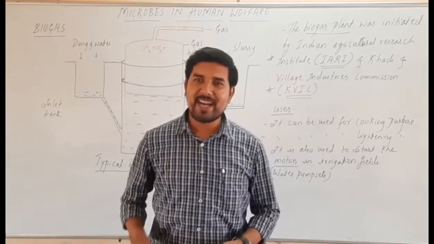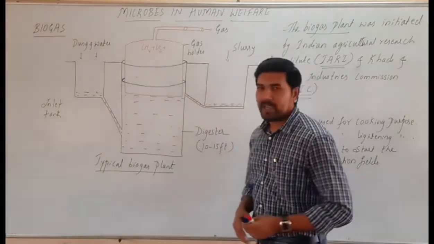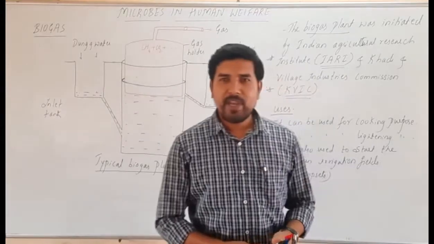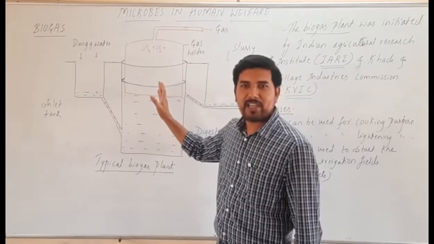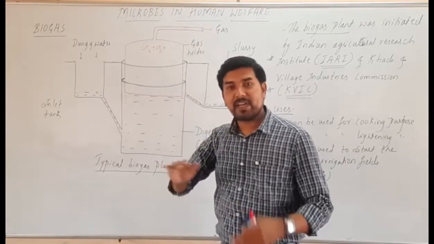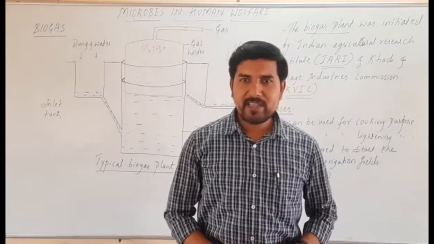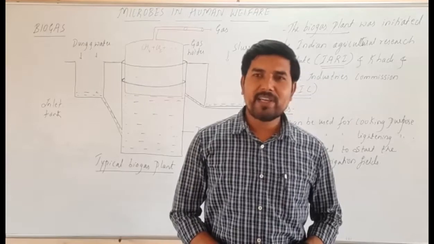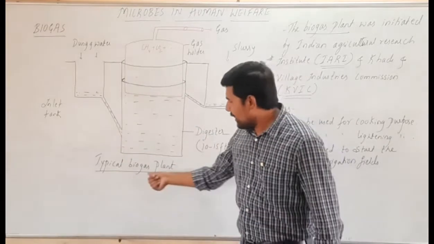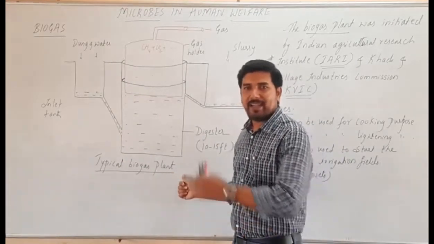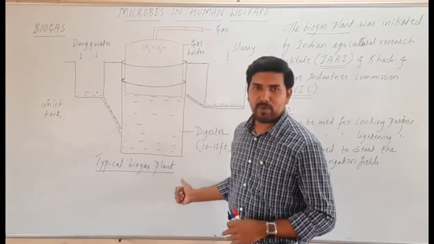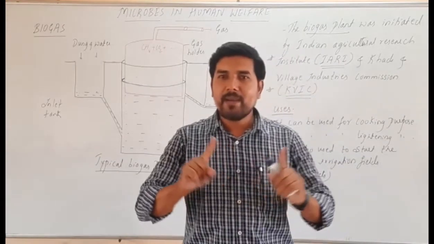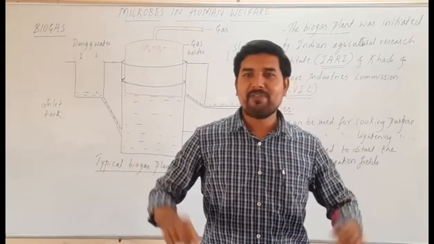Okay, so this is regarding how exactly a typical biogas plant works. Now there are different models for the biogas. This is a typical biogas plant. Apart from this, there are other kinds of biogas plants also. We'll go with the explanation of only this plant because nowadays many models of biogas plant are available.